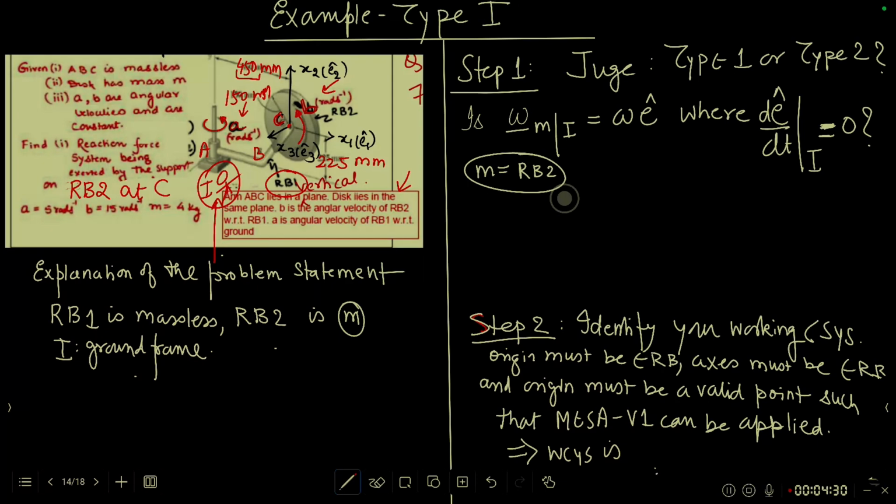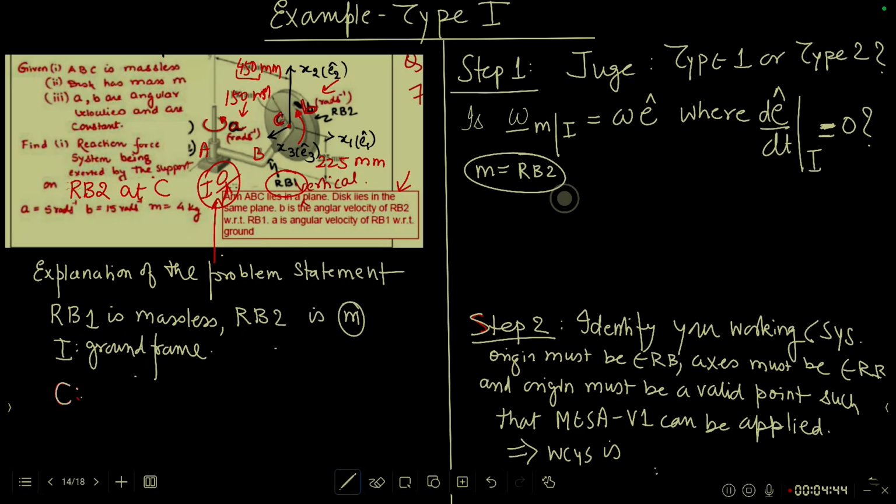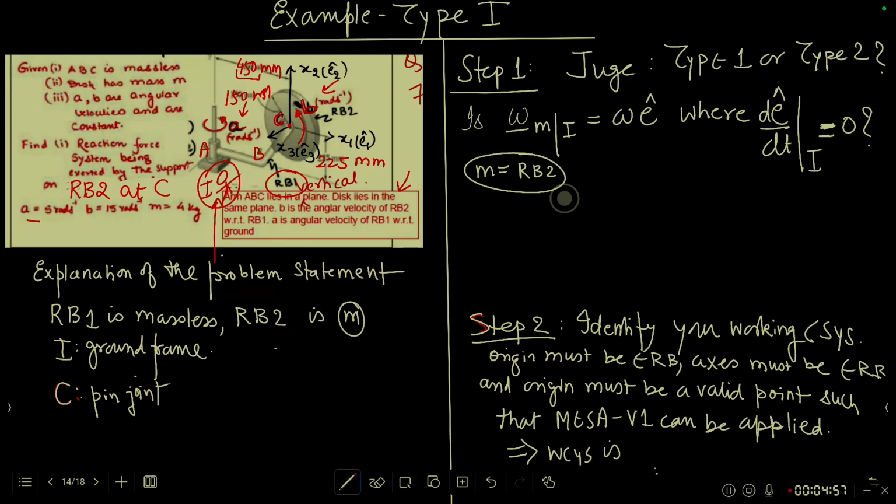What are we supposed to find? The reaction force system being exerted by the support on RB2 at point C. C is a pin joint. Also, numerical values of A, B and C are given, which we will need eventually to get the numbers.